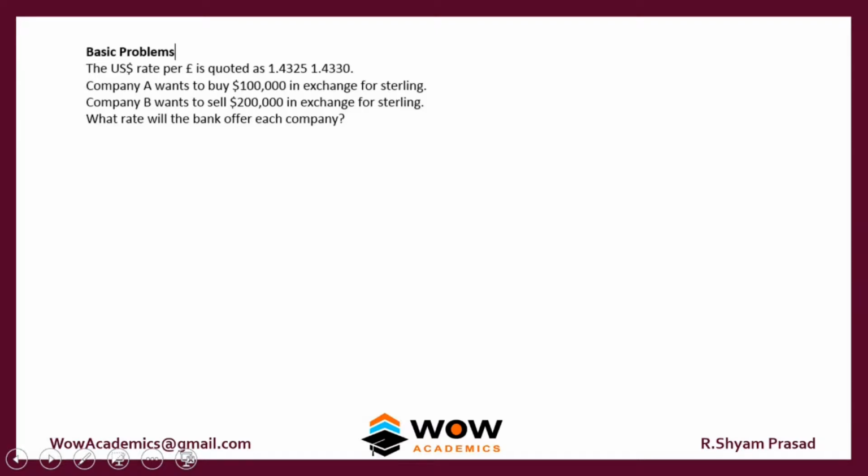So we'll start from a basic problem and then step by step we'll go to a little more advanced problem. Here the US dollar rate per pound is quoted as 1.4325 and another rate is given as 1.4330. Company A wants to buy $1 lakh in exchange for sterling and company B wants to sell $2 lakh in exchange for sterling.